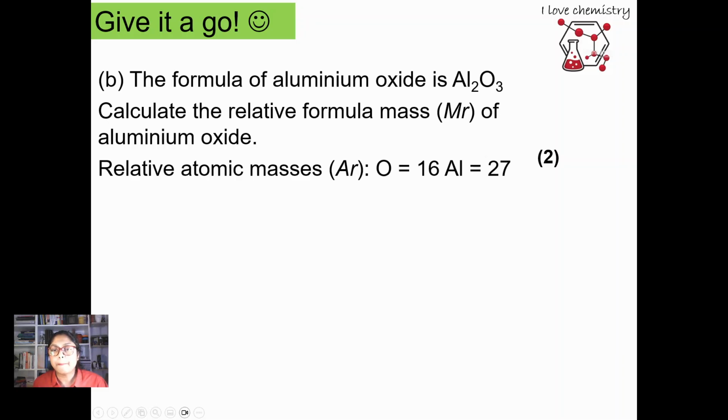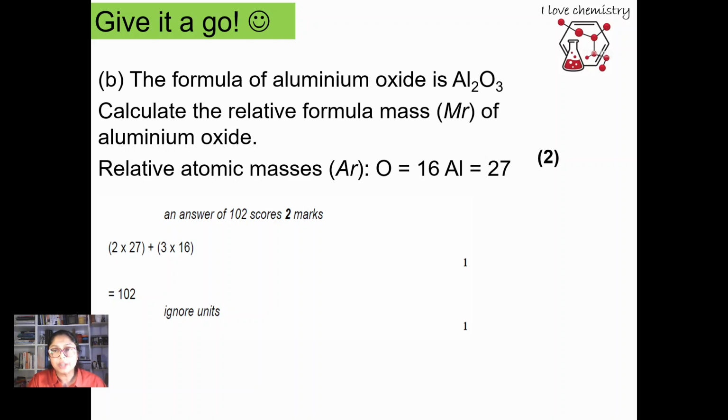So here, the mark scheme. My exam tip is that if you have got the answer 102, you will get full 2 marks. But I would say write it down, everything, show your work.